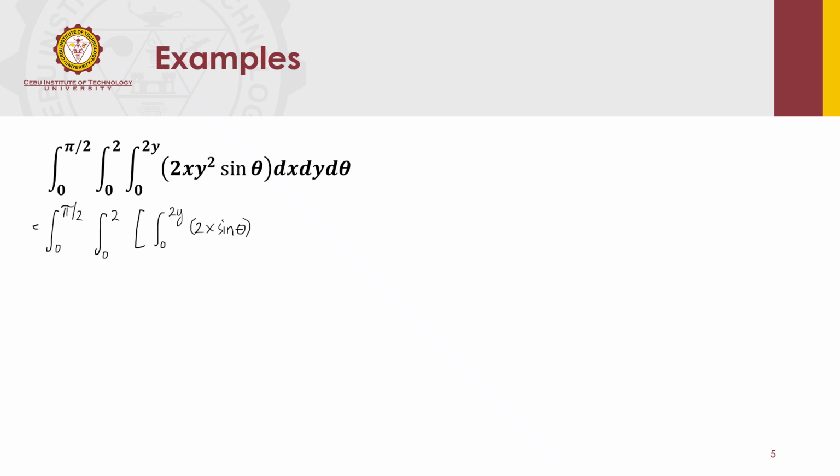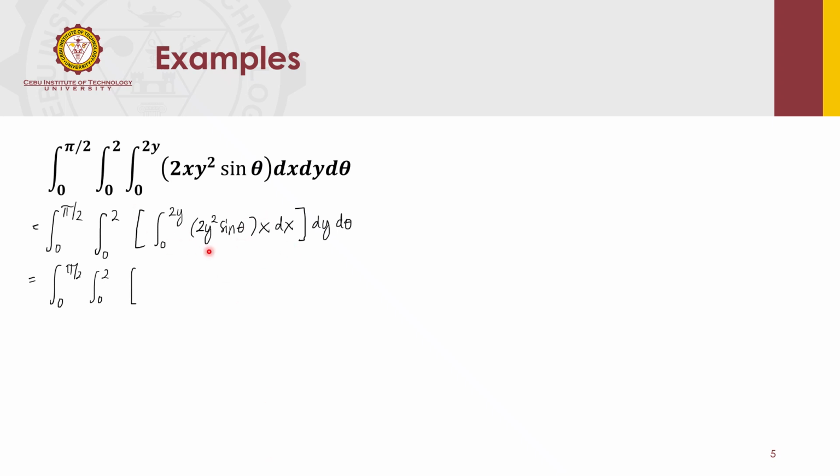Okay, sorry, we start with the x. So 2y squared sine theta is the constant, and then x dx, multiplied to the constant. So dy d theta outside. For dx, we now integrate this part.